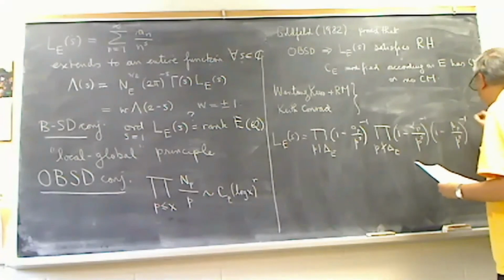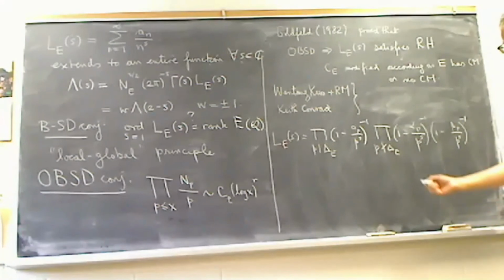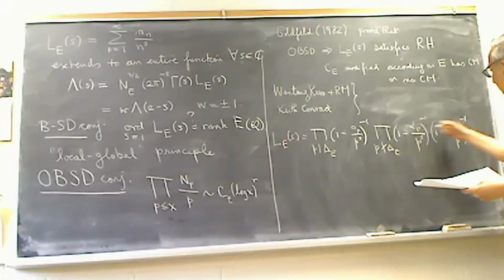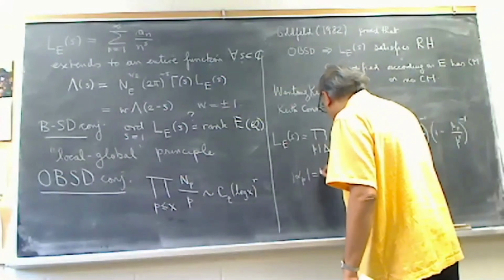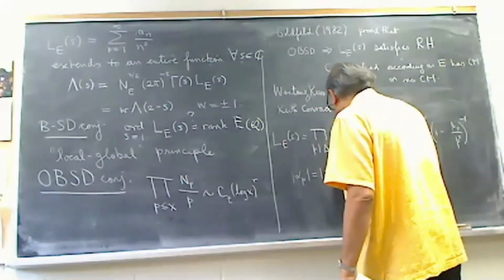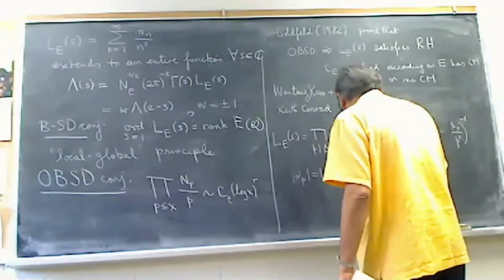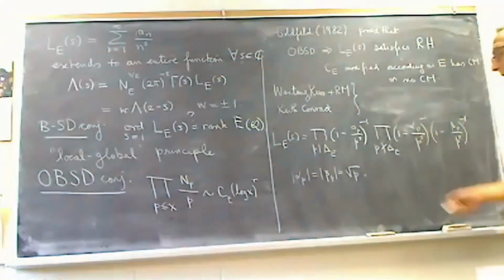This is in line with this conference talking about Sato-Tate, which is about these alpha_p, beta_p. So alpha_p and beta_p have absolute value root p.